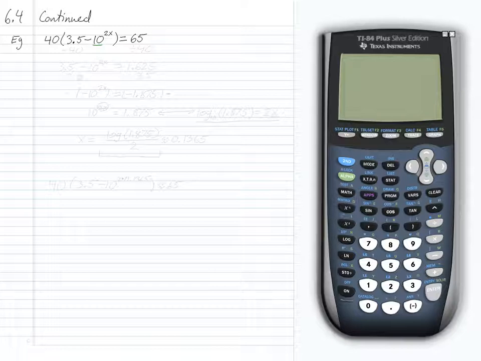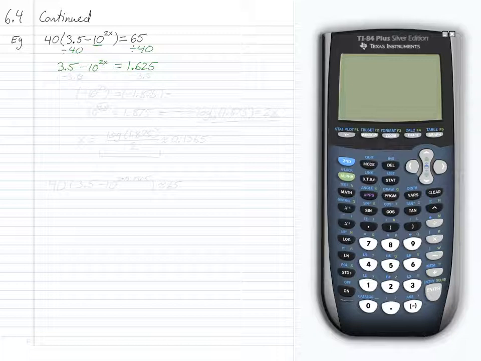I can do this by first dividing both sides by 40, leaving me 3.5 minus 10 to the 2x on the left, and 65 over 40 on the right. I calculate this value to be 1.625.